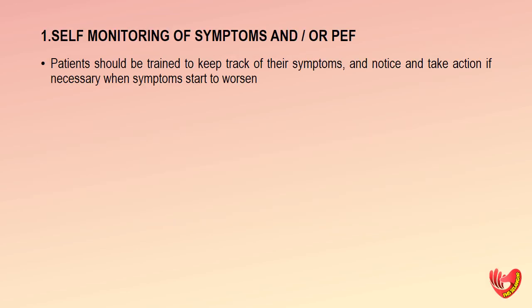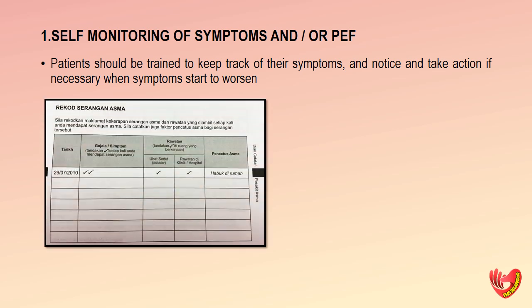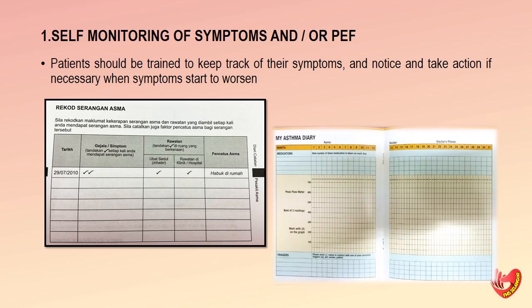First, self-monitoring of symptoms or PEF. Patients should be trained to keep track of their symptoms with or without a diary, and notice and take action if necessary when symptoms start to worsen. In this diary, patients can mark the days when their asthma symptoms worsen and what the triggering factors were. The picture shows samples of diaries that are available in our clinic.